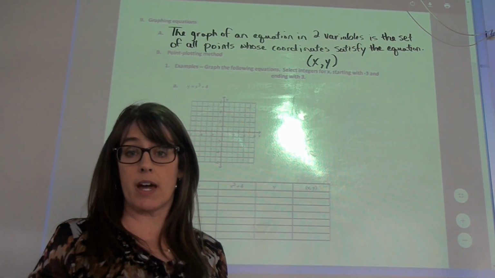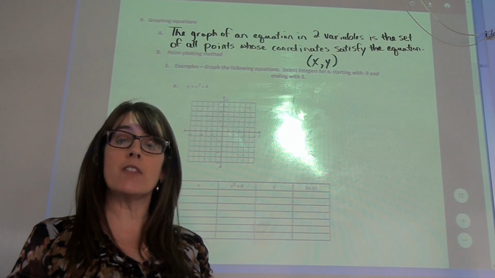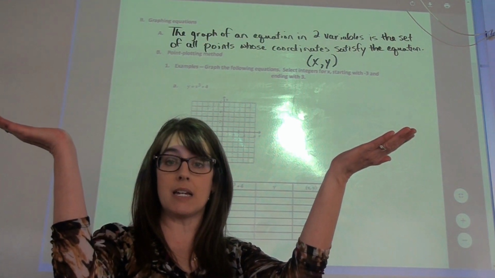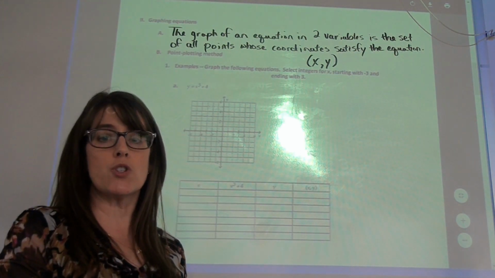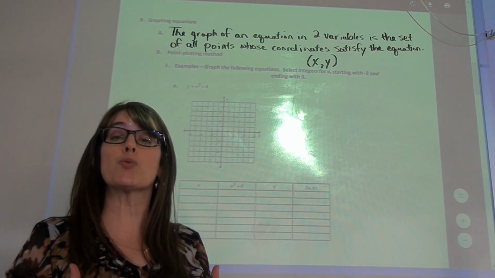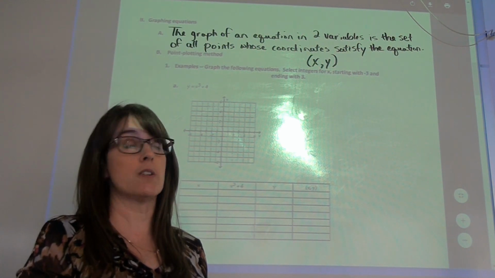Anything that is not on that curve will not satisfy the equation. Understanding that satisfying the equation makes the equation true, keeping that pan balance idea in mind that the left and the right side are going to be the same. Very important that you understand what the graph of an equation actually is. It is a picture representation of everything that will work in the equation.